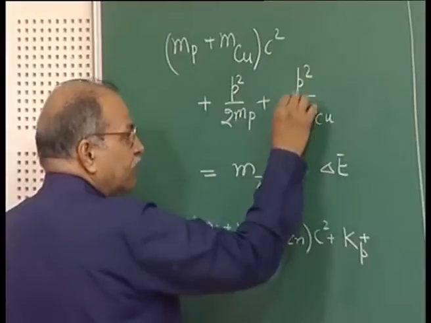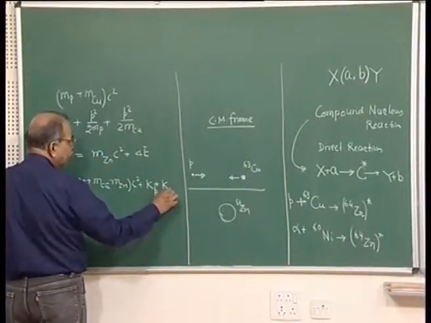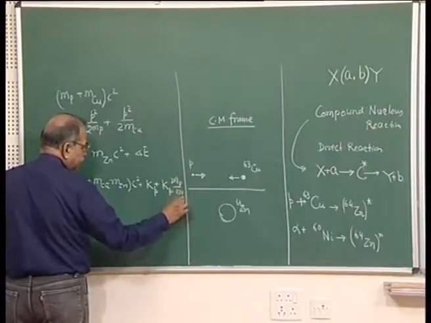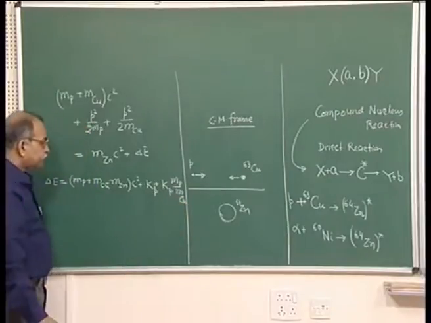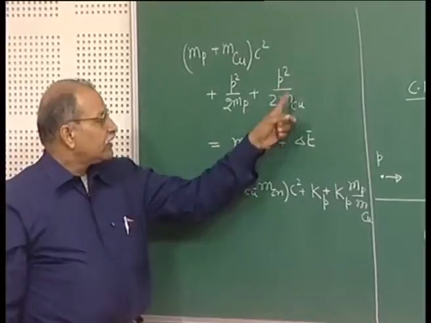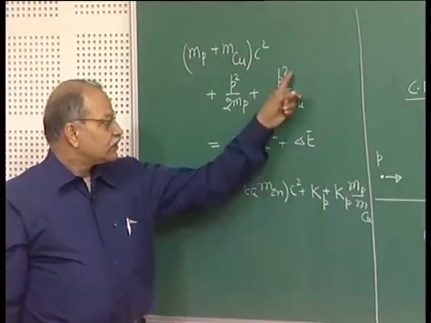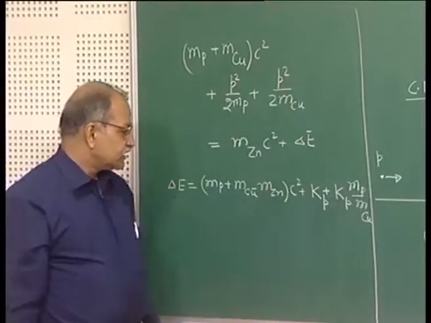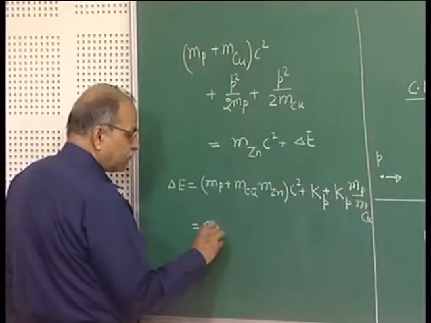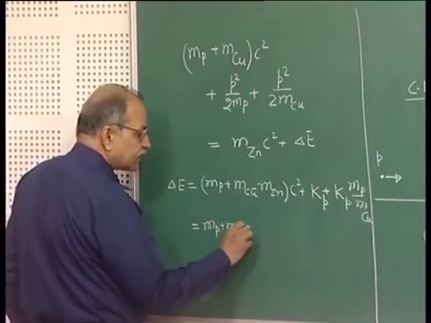and plus P square by 2 mcu, which you can write as kinetic energy of proton again times mass of proton over mass of copper, right. You can write this as P square by 2 mp here and then mp by mcu. So, that mp by mcu is here and P square by 2 mp is kinetic energy of the proton. So, it is mp plus mcu and minus m zinc.